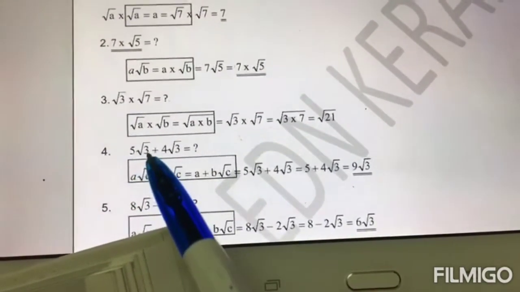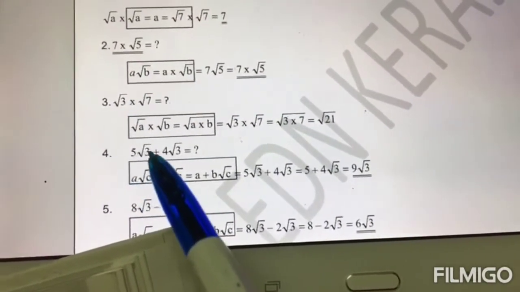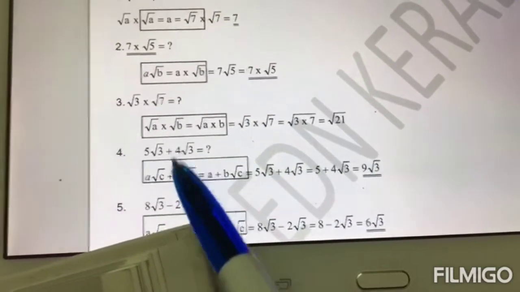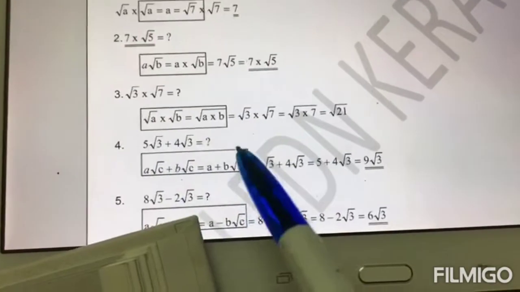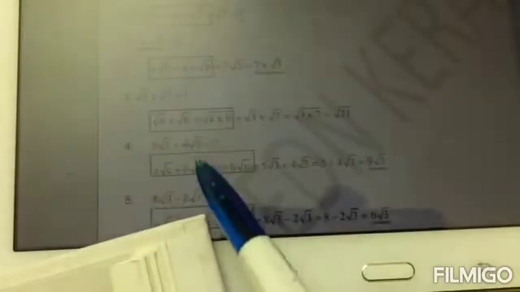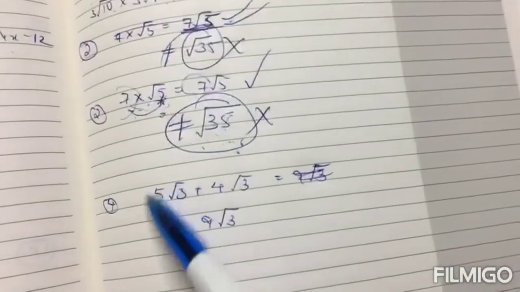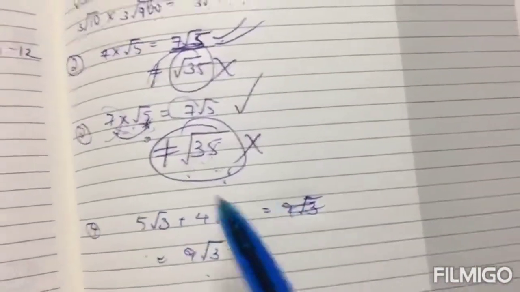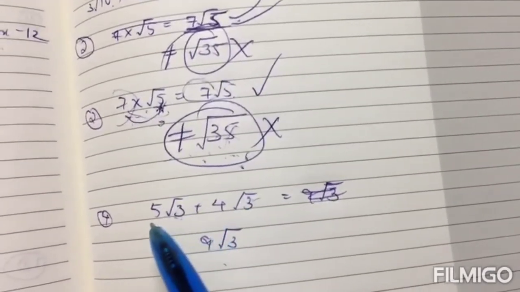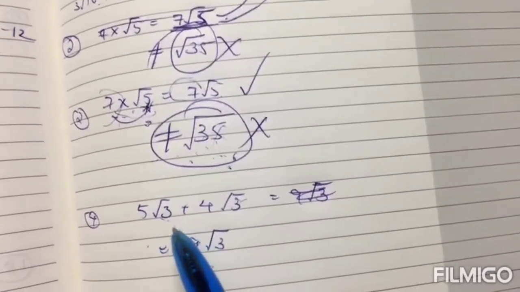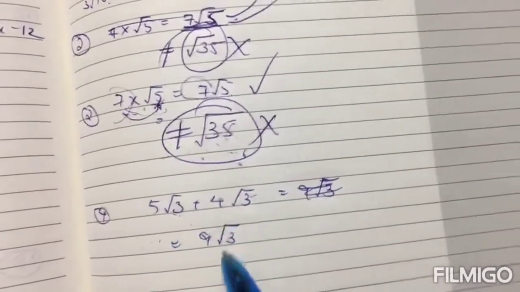If it was 5 cube root 3 plus 4 cube root 3, I can still add it because the number under the cube root is the same. If it was not the same, I could not have added it. So remember, you can add square roots and cube roots as long as the number in the square root for all the terms, or the number in the cube root for all the terms, is the same.